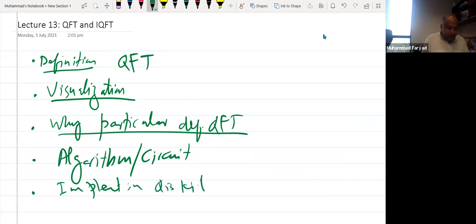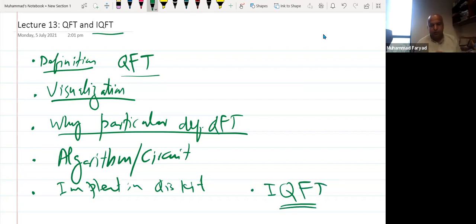And one related thing is the inverse quantum Fourier transform. Actually, that is also used a lot. So with QFT, we will also discuss the inverse QFT circuit as well.